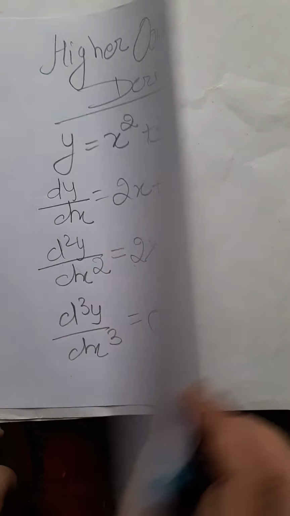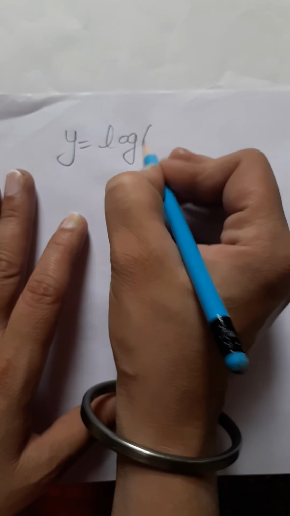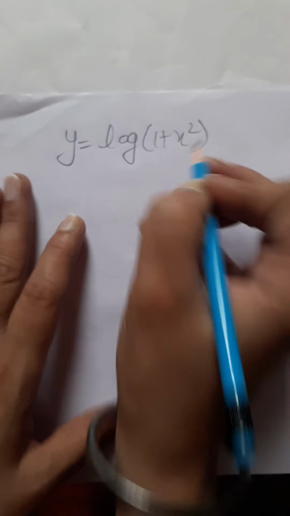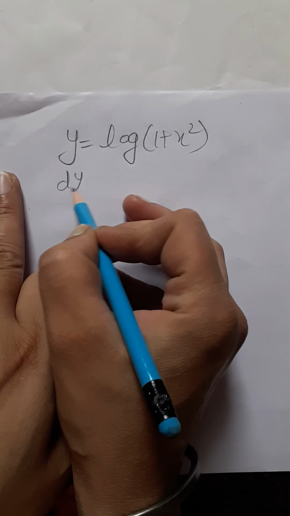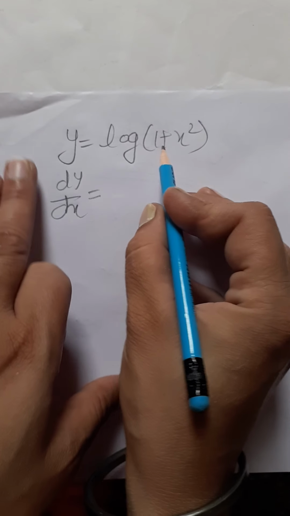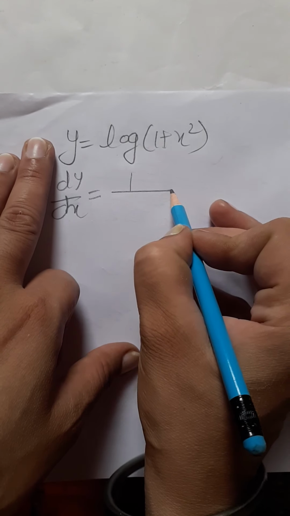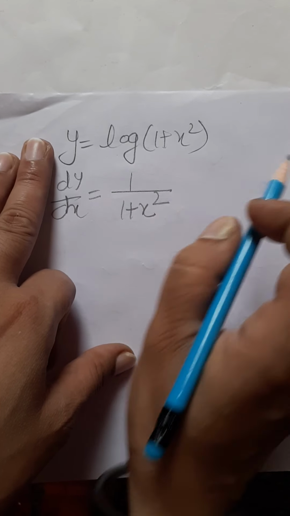Now, if we take the question y is equal to log of 1 plus x square, how can we find the second derivative of this function? The derivative of log of 1 plus x square: when we take the derivative of log, first of all we write this function in the denominator in this way.